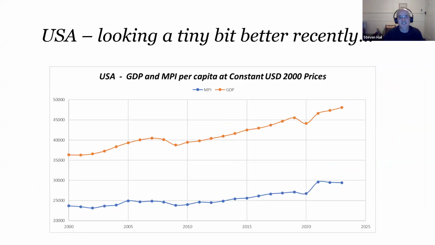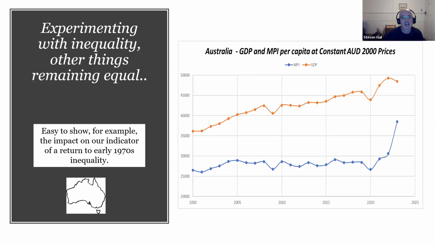What about the US? Well, the US looks as though, at least since about 2014, it's done a little bit better than Australia, at least in terms of the trend, the movement of the trend over time, when we look at the MPI data.